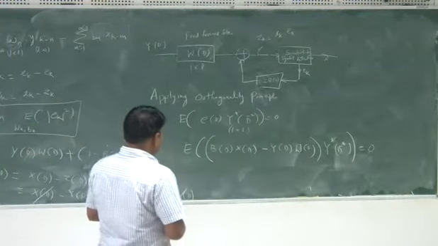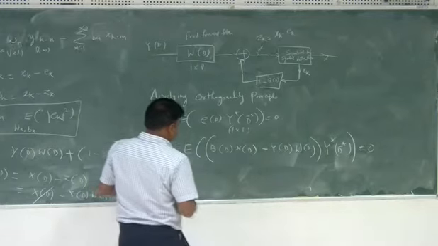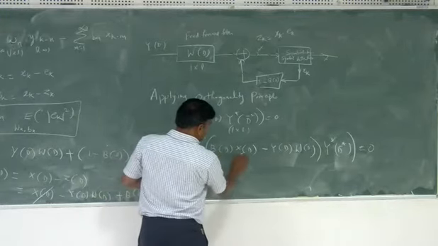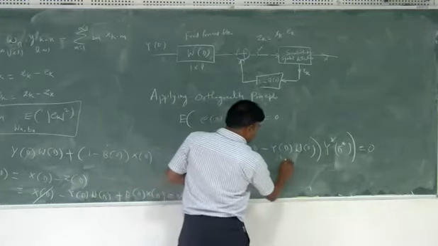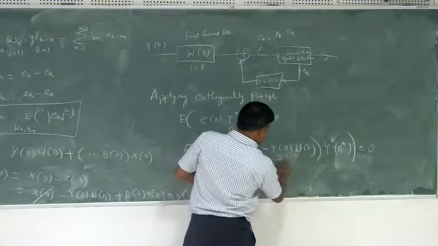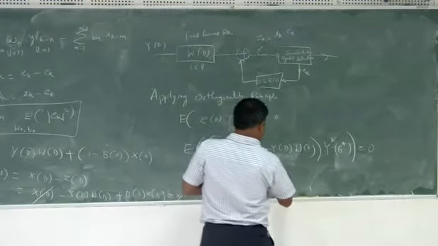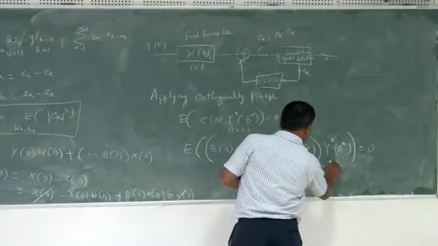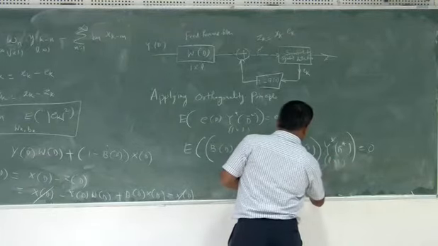Okay. Now let's look at the dimensions. This is a scalar. This is a scalar. This is L by 1.